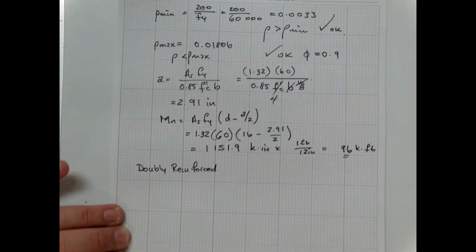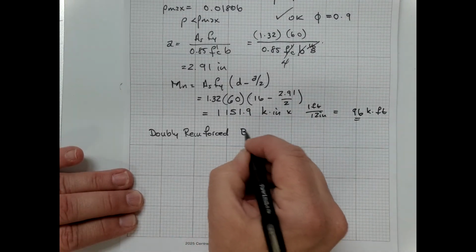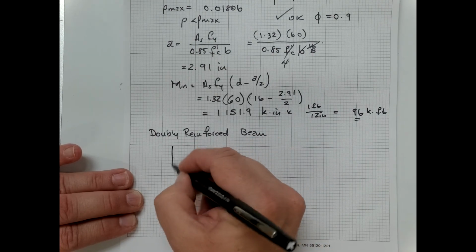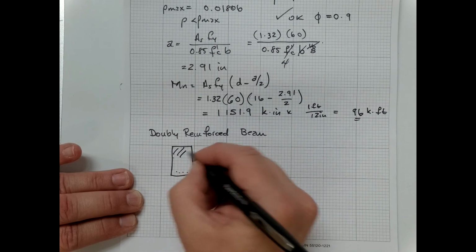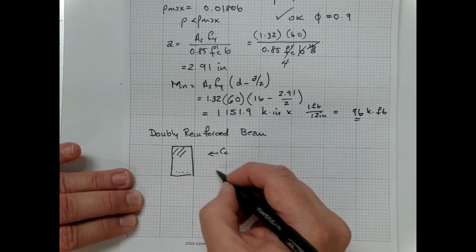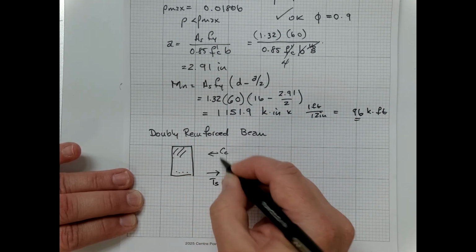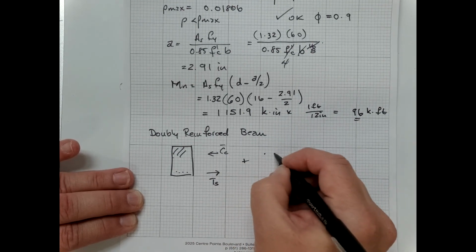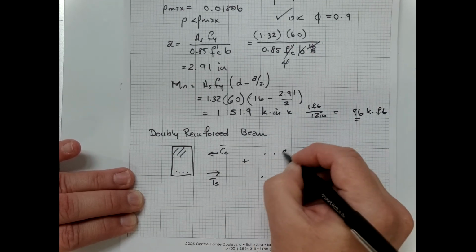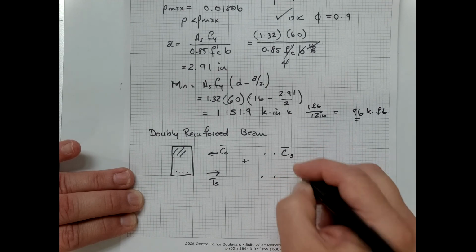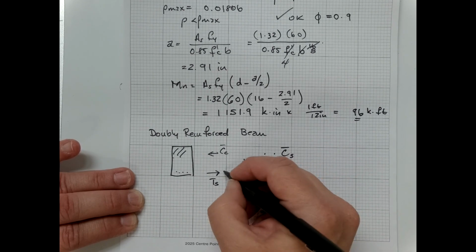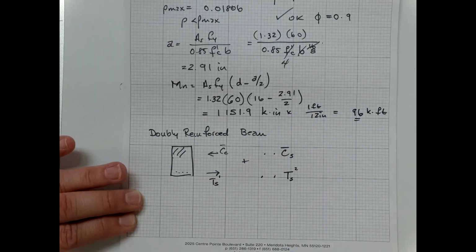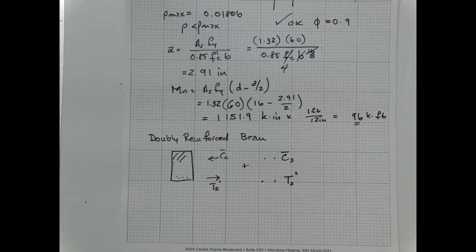And this is what we've been doing most recently. A doubly reinforced beam consists really of two beams, one that has a concrete compression block and a steel tension block, plus one that has a steel compression block and another steel tension block. And they're both in the same place.